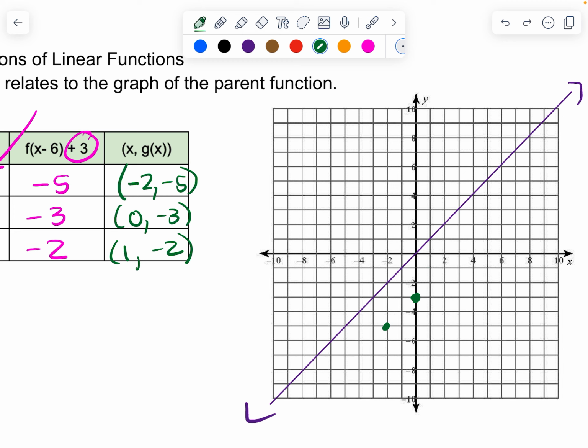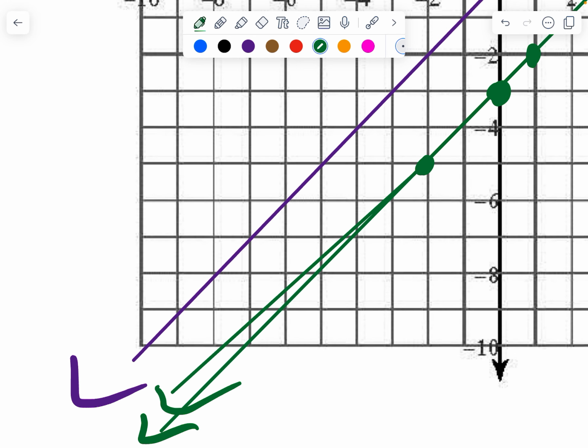Oops, I put it in the wrong spot. Okay, that was a bad line. That looks better.